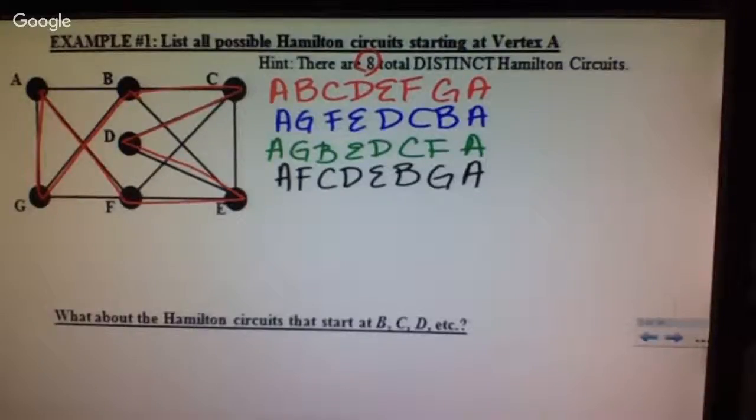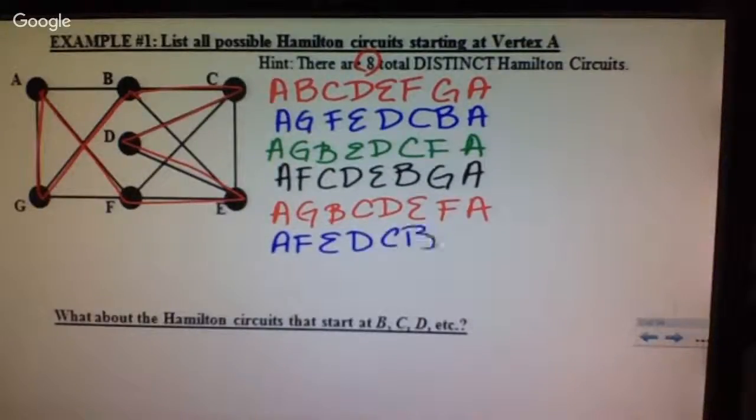A, G, B, C, D, E, F, A. And the reverse: A, F, E, D, C, B, G, A. Woo! That took a minute.